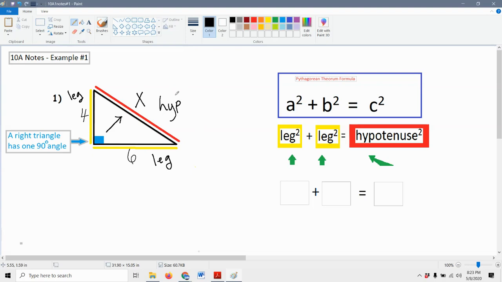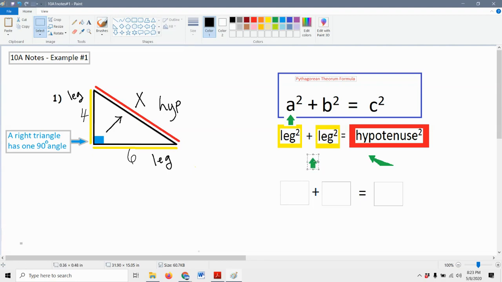I really recommend that you always do this when you're working with the Pythagorean theorem formula, because a squared and b squared can only be legs. You can't ever use the c squared spot for a leg measurement. So a squared and b squared are always the legs.